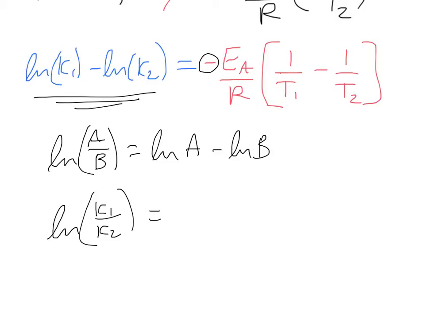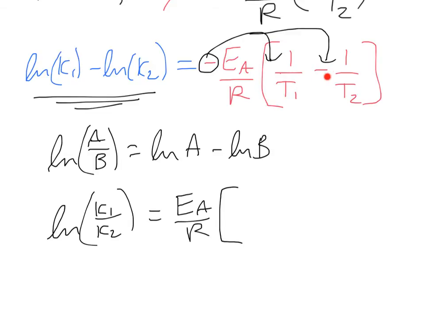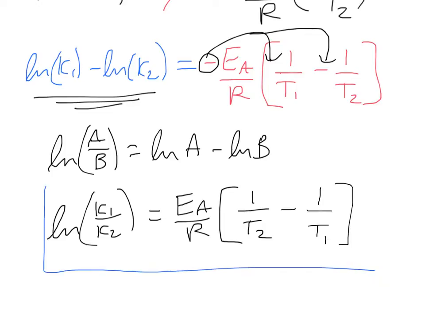This minus sign here, we can distribute into here, and that gives us EA over R. And if we distribute it in, this minus becomes a plus. And so this becomes 1 over T2 positive, and then this plus here becomes a minus, and we can just write it in second place. So that's 1 over T1.